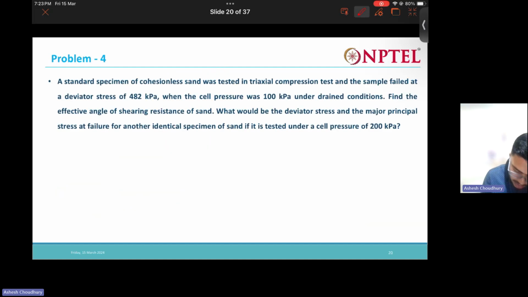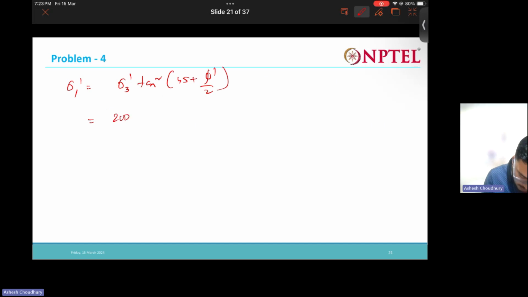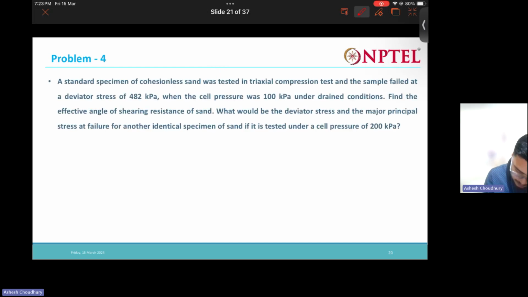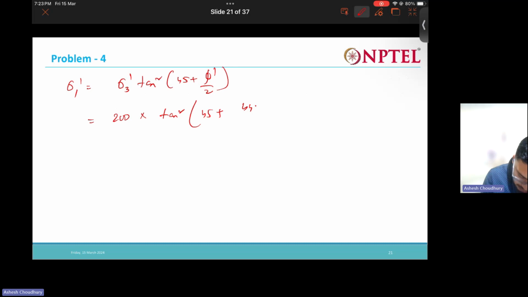Sigma 3 now is 200. So how much will be the sigma 1 at failure?